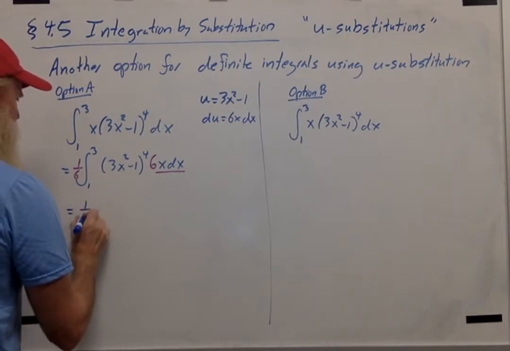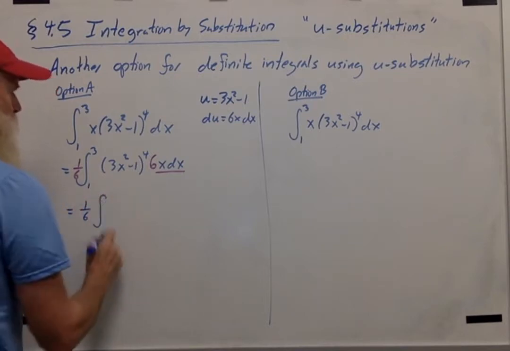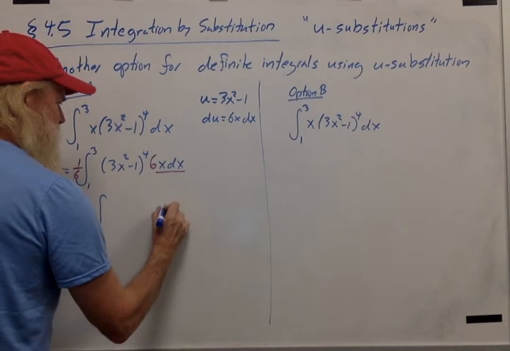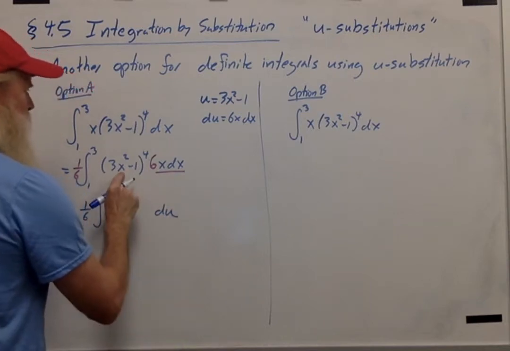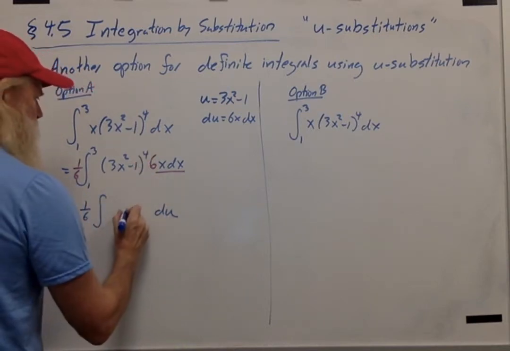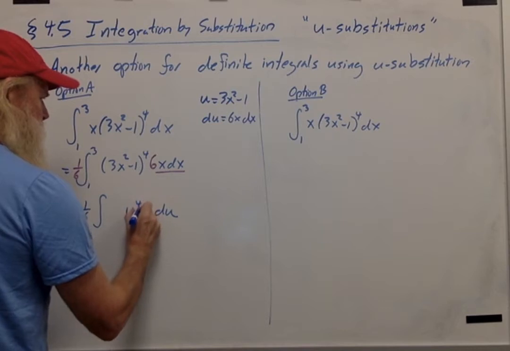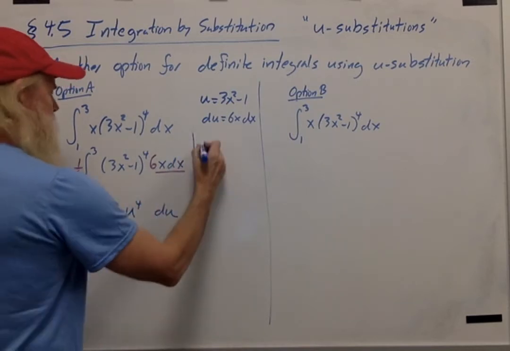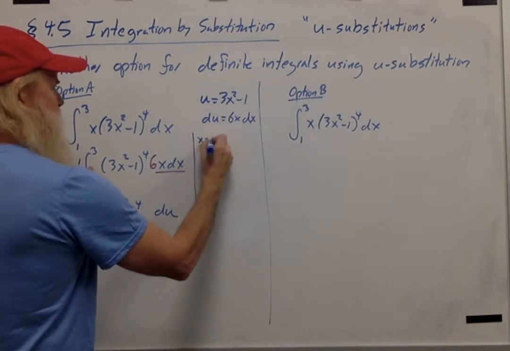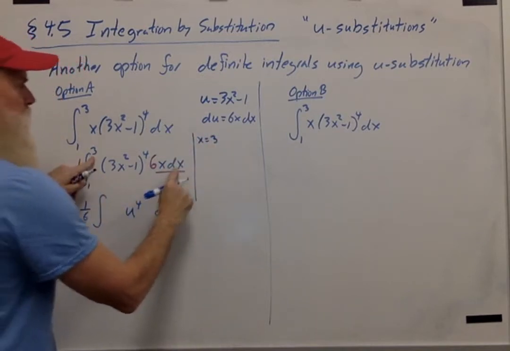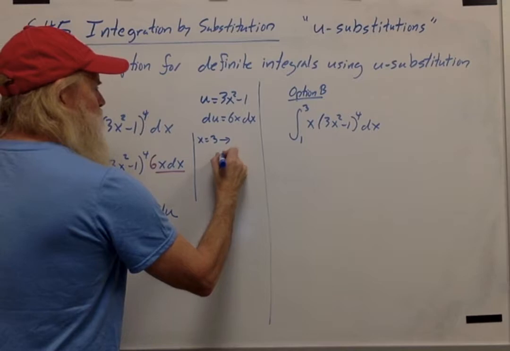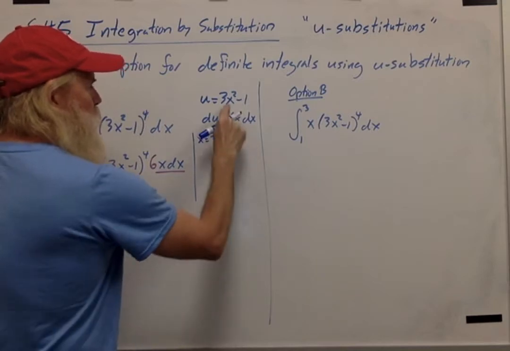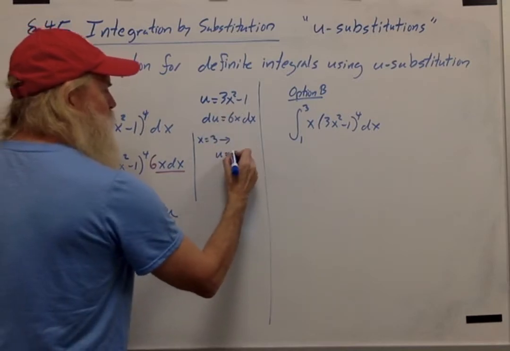I then change everything over into u's. 6x dx becomes du. 3x squared minus 1 to the 4th becomes u to the 4th. And we also need to figure out what the new bounds are. If x is equal to 3, then u is equal to 3 times 3 squared minus 1.